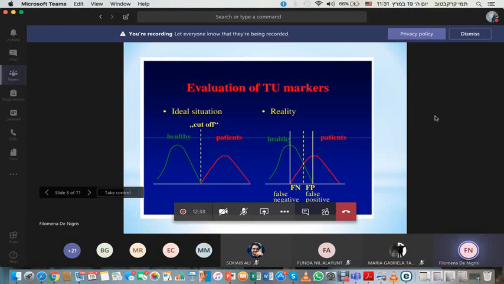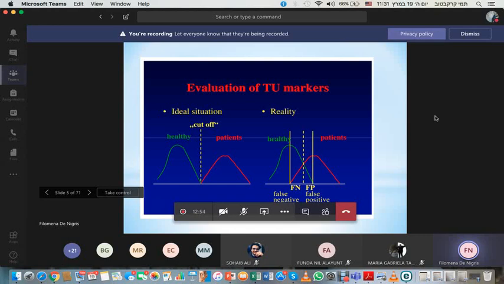Generally, as I told before, we can imagine molecules absent in healthy patients and present in the presence of tumor, or in tumor patients.